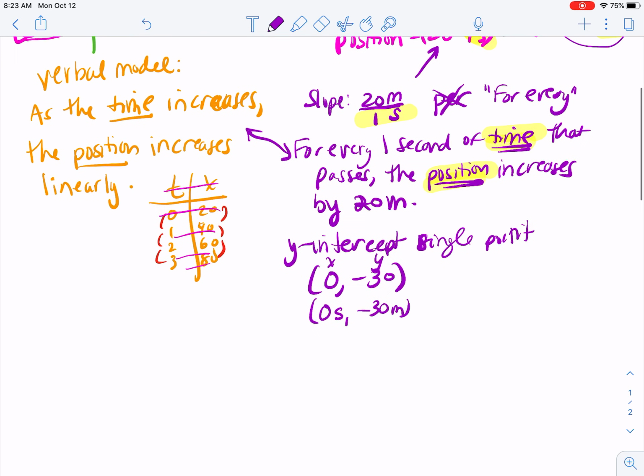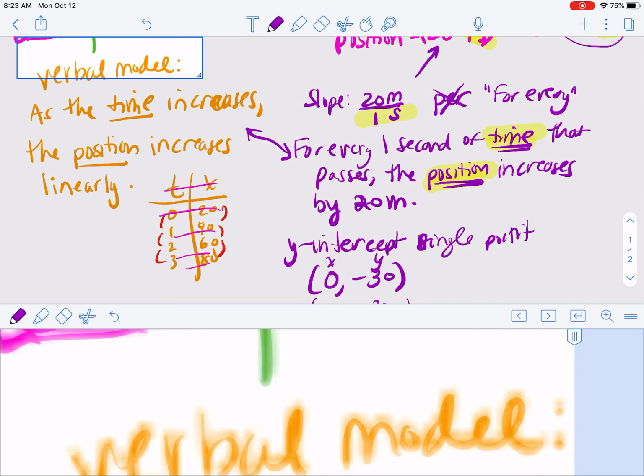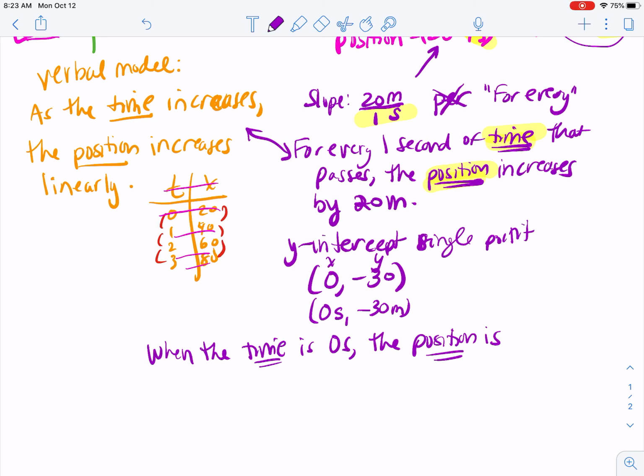So if I'm going to write my y-intercept as a sentence, I would say: when the time is 0 seconds, the position, notice I'm using the variable names again, is -30 meters. That's how I'd write the y-intercept. So that's kind of how you're going to analyze a graph.